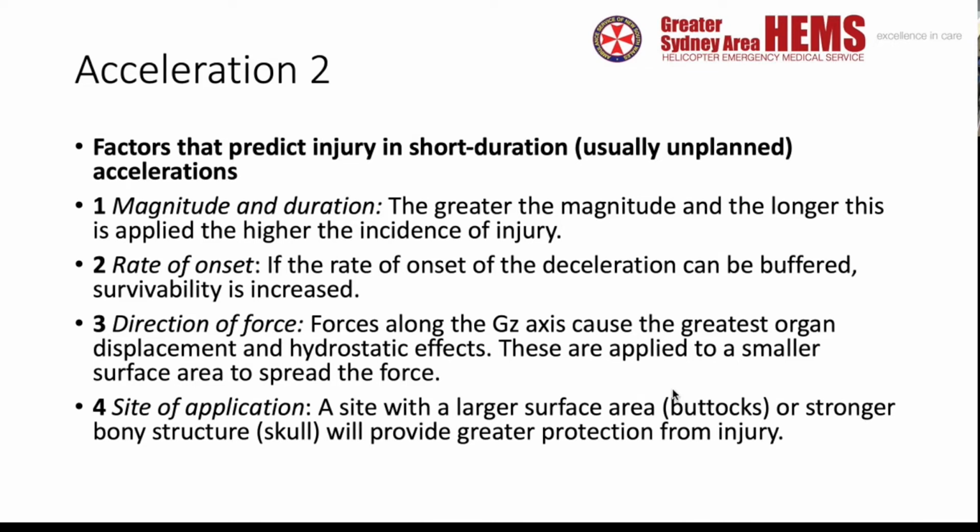Rapid onset of acceleration or deceleration, directed along the GZ axis, also matters, depending on the site of application. If you're seated and forced down into that seat, the pressure is spread out across that surface area, so you've got greater protection from injury.